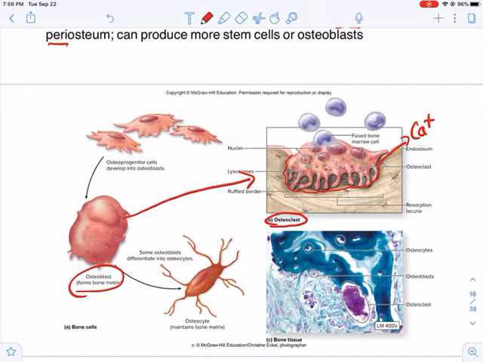Now what happens, especially in women, is over time the osteoclasts really start to ramp up and our osteoblasts start to go down in activity, and we see this big imbalance. Of course, this will lead to diseases like osteoporosis or brittle bones as we get older.